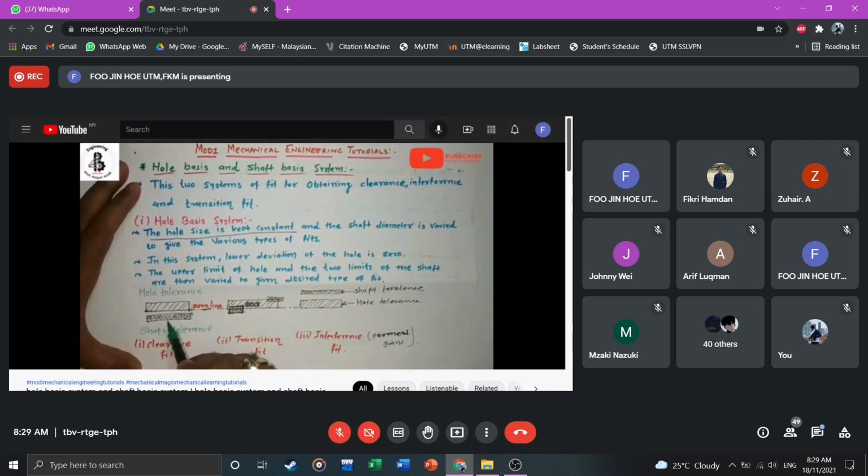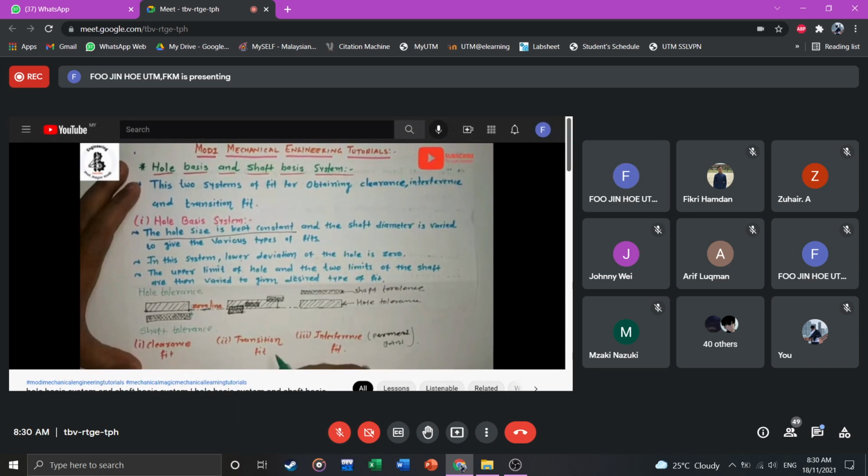So you can change the positioning of the shaft dimensions. If it overlaps into the hole tolerance, it will sometimes act as a clearance fit, or sometimes as an interference fit. That will be the intermediate zone, or the transition fit.